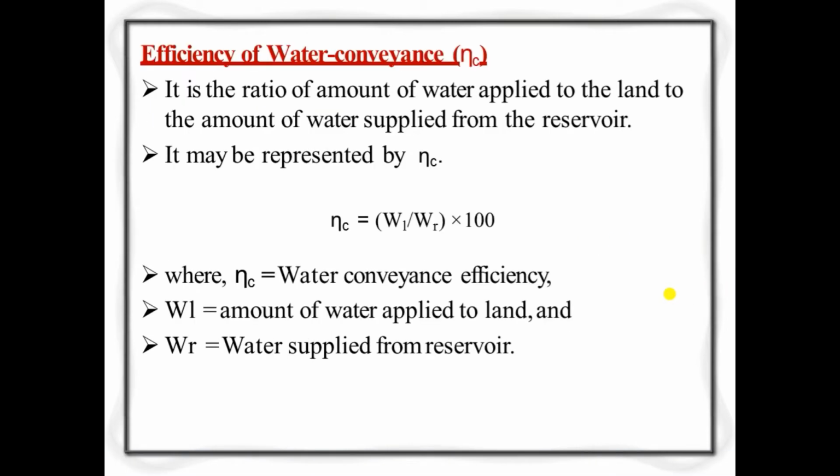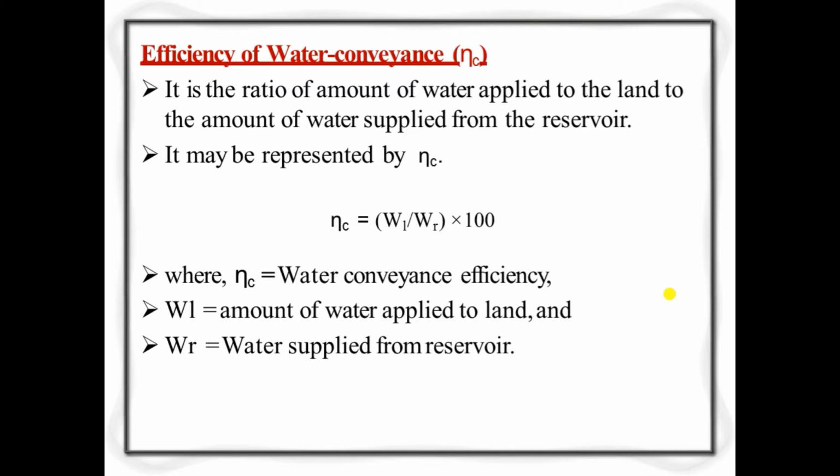The first efficiency is the efficiency of water conveyance. It is called Nc. It is the ratio of the amount of water applied to the land to the amount of water supplied from the reservoir. All the water diverted into the canal does not reach the destination point, because there may be loss during conveyance.